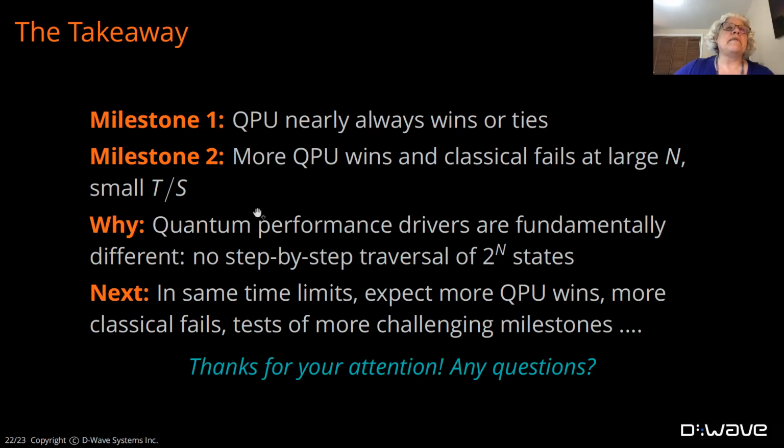And for milestone 2, we do see it doesn't always win. It only wins about 20% of the time. But on the other hand, the places where it wins bode well for future performance, we think, because of these new insights we have about the two classes of solvers responding differently to the properties of the inputs. And that's it. Are there questions?